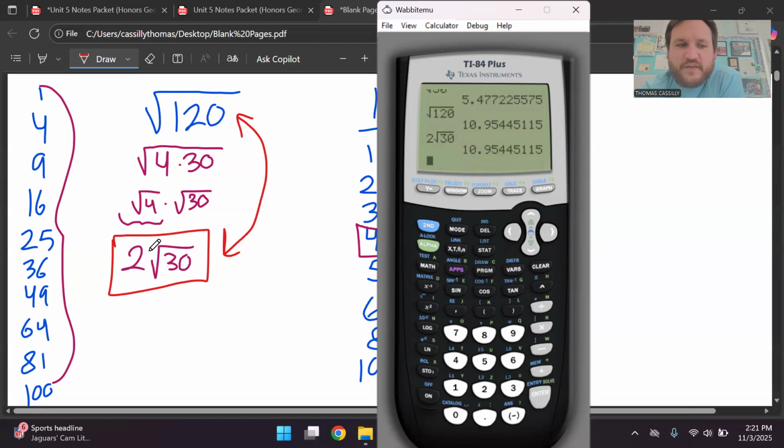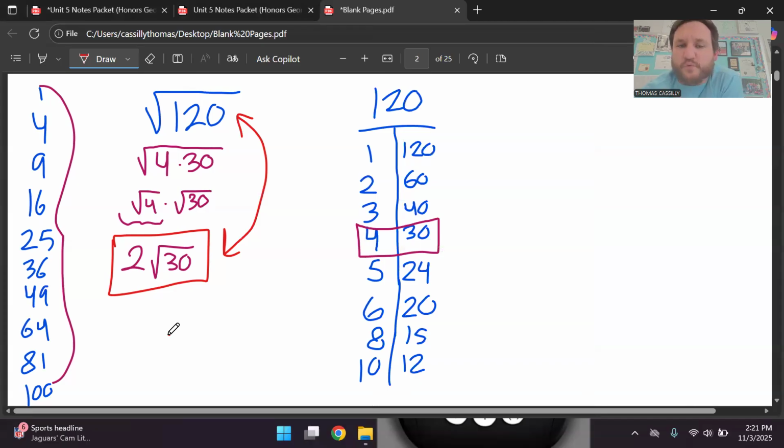But this is a simplified version, just how 2/4 and 1/2 are the same thing. 5/10 and 1/2 are the same thing. The square root of 120 and 2 times the square root of 30 are the same thing. So this is how we break down or simplify these irrational numbers or radical numbers.